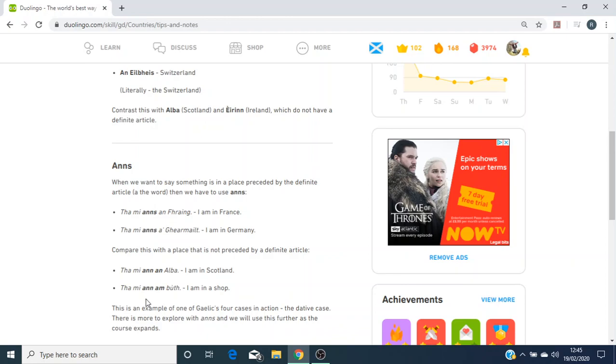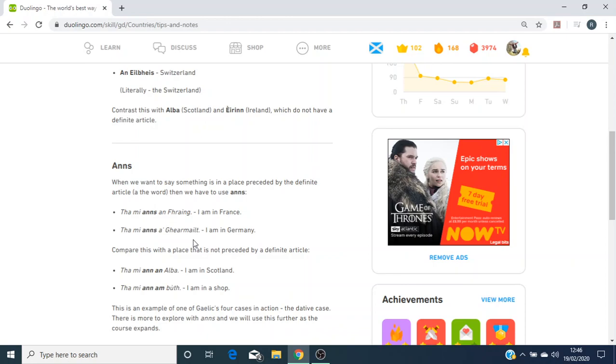But when we use the definite article, it changes to ounce. Ha mi ounce an rang. I'm in France. Ha mi ounce a Yarmalch. I'm in Germany. I do hope I'm pronouncing these correctly.